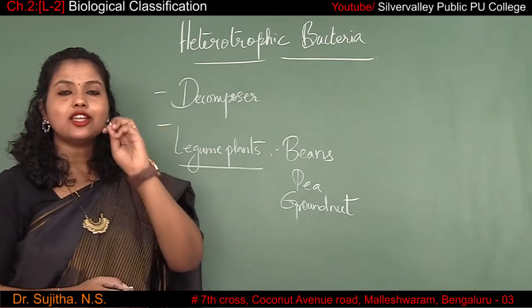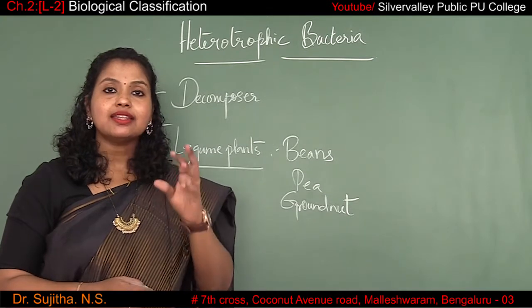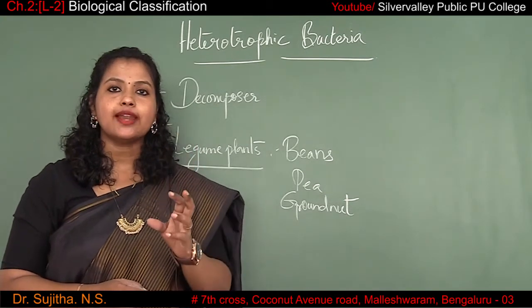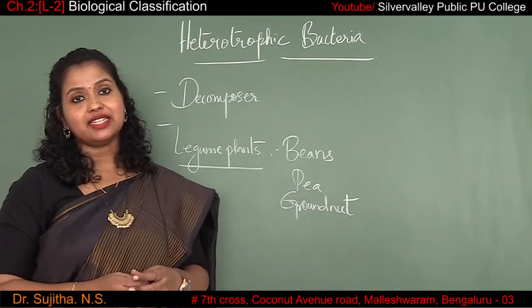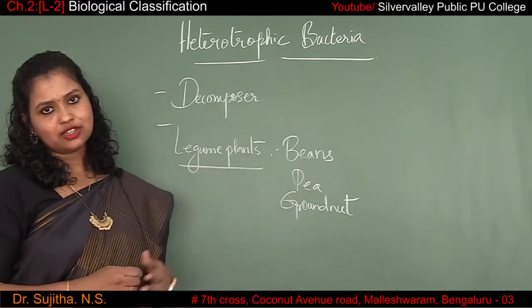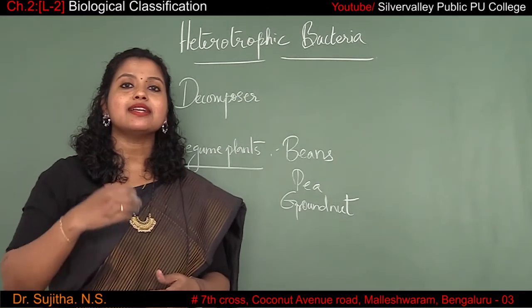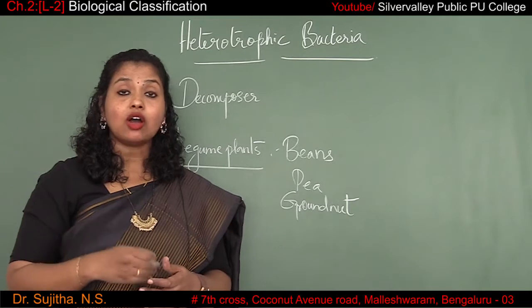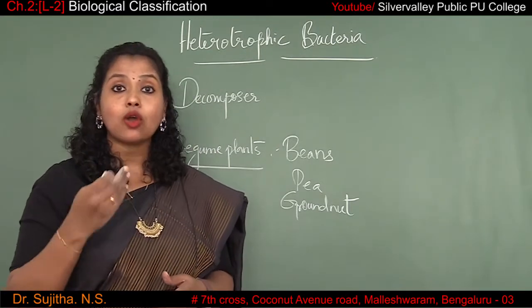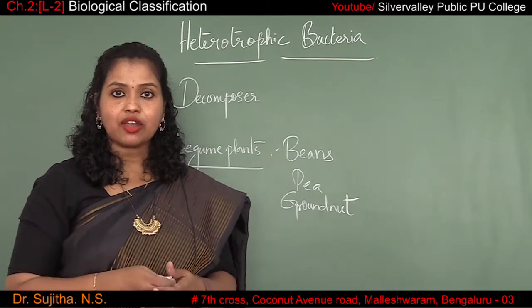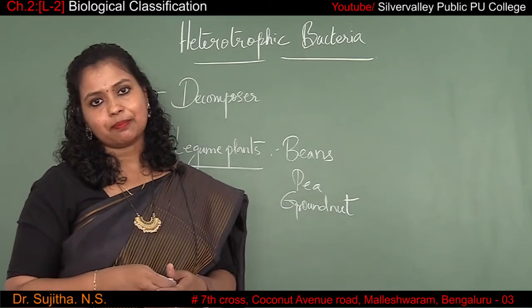So, inside the root of the legume plants, you can find this bacteria, and this bacteria is going to help to fix the atmospheric nitrogen. So heterotrophic bacteria are present in all these regions. And heterotrophic bacteria sometimes also act as pathogens. They can cause various diseases in the human body, for example, cholera and typhoid. All these diseases are caused by bacteria.